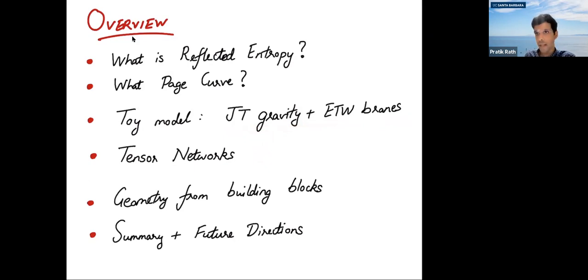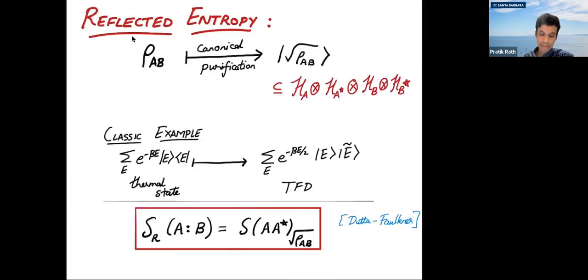Using tensor networks, I'll then describe how we can think about geometry as coming from some building blocks and how we can build more and more complex geometries from that basic structure. And finally, I'll summarize and talk about some future directions that we're thinking about. Okay, so let's get started.